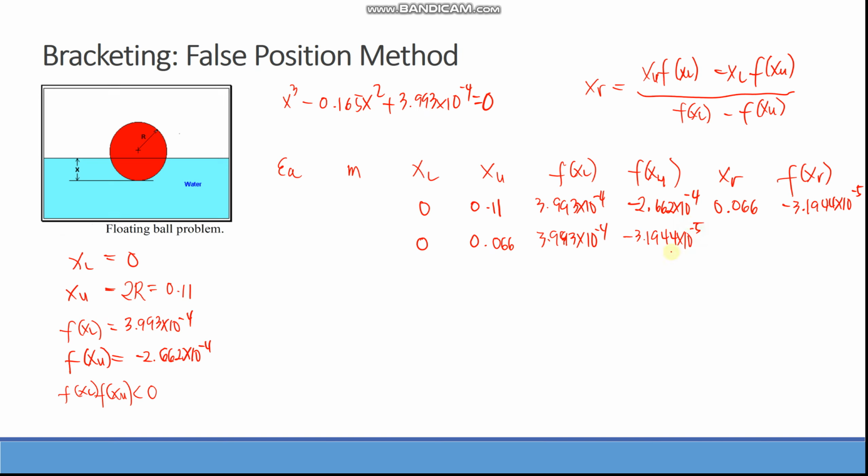So by the same equation, the false position method, we can have a new root at 0.061, and the new root has a function of 1.2316 times 10 to the negative 5. So our new lower guess, or new lower root, for our interval or the boundary is 0.061, and the upper is 0.066.